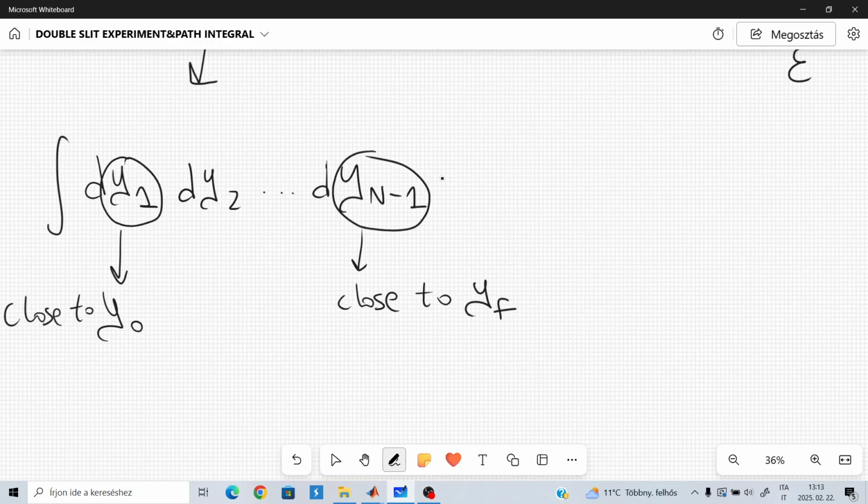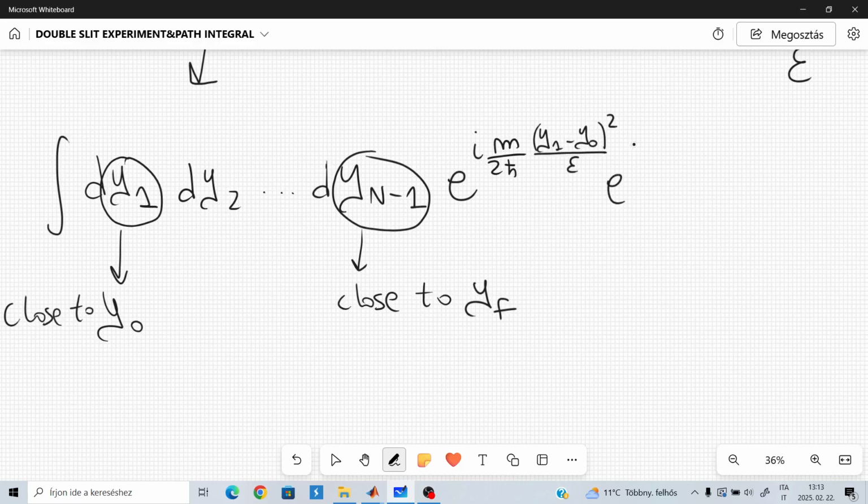Then we can rewrite the path integral here by factoring the exponentials in the following form: e to the i m over 2 h bar, and then we have y1 minus y0 squared divided by epsilon.